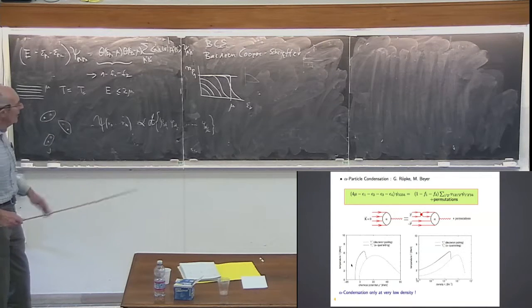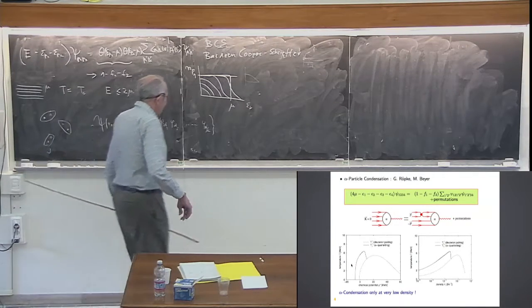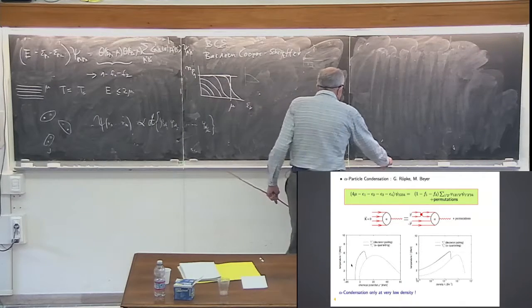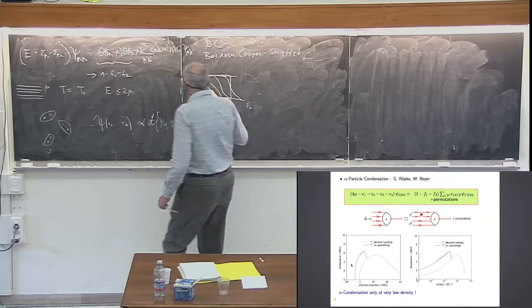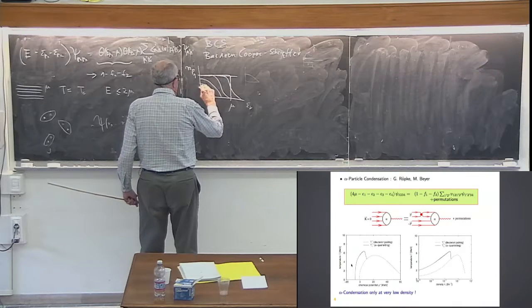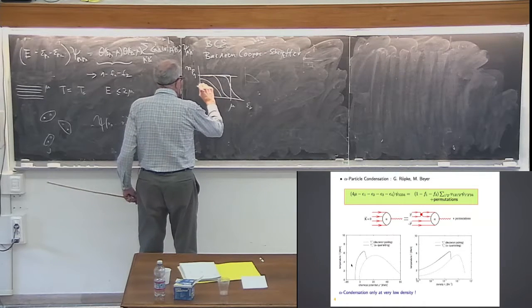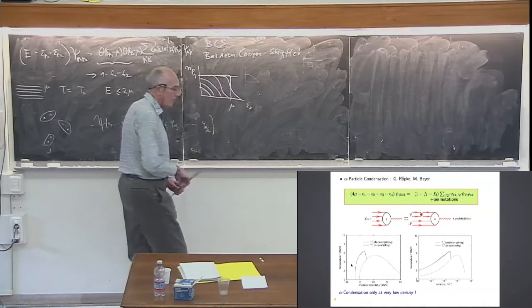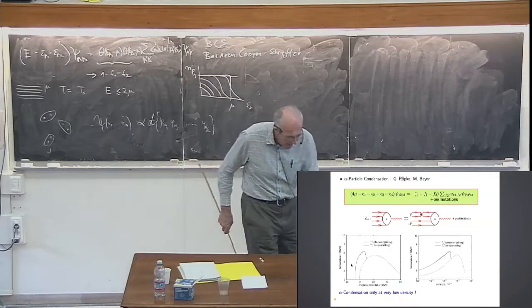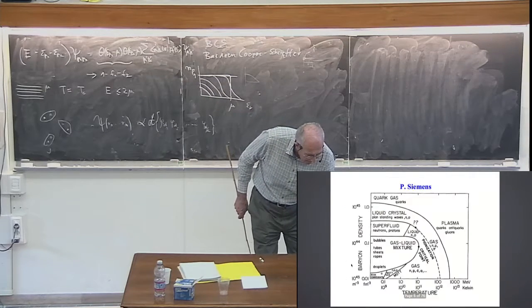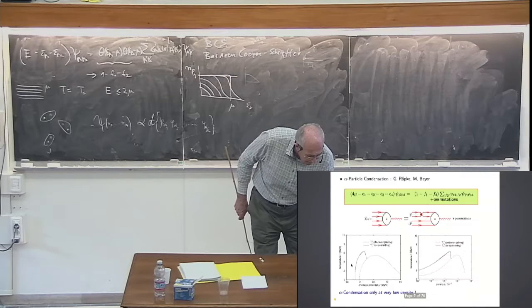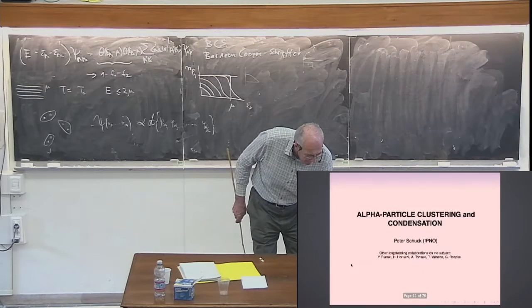So there's a strong difference in the physics in the alpha particle condensation case. We can only go up to here, and I also showed you a view graph somewhere, I think I should have it somewhere again.